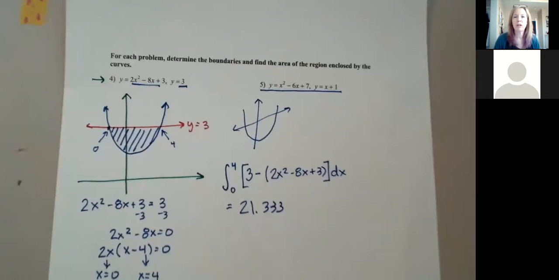Anybody have a guess at what our two boundary values are? There we go. Yep, those are them, 6 and 1.